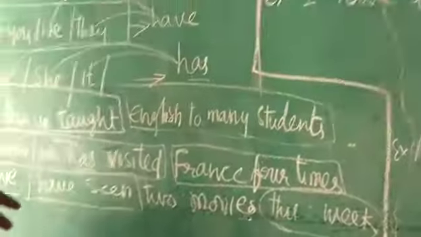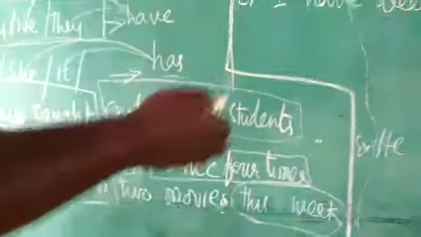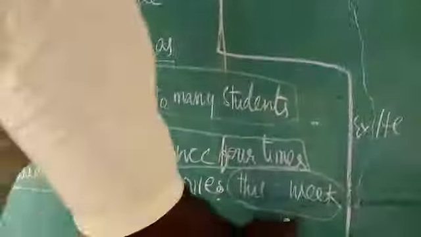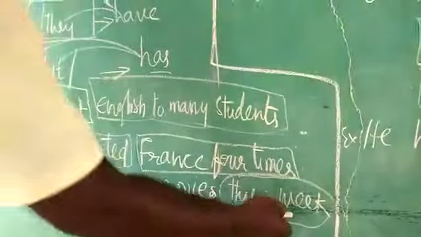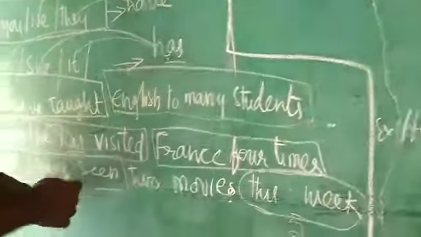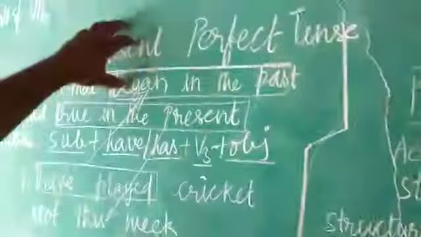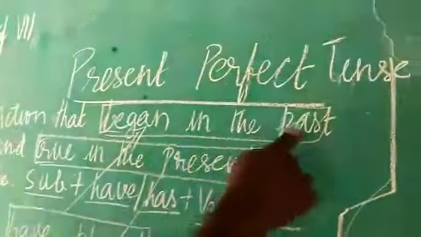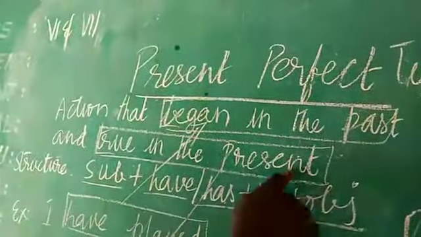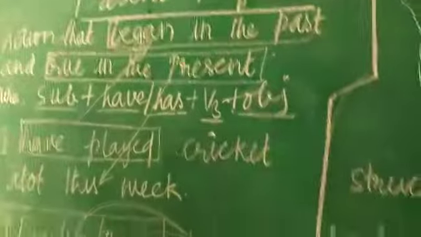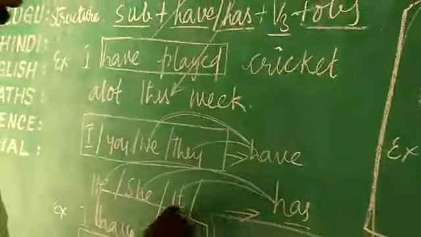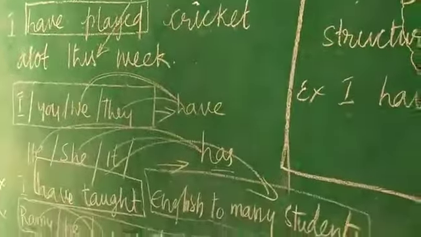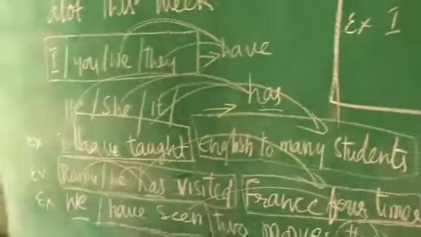Today is Tuesday, Wednesday, Thursday, Friday, Saturday, so still five days are left. So this is talking about the present. The action began in the past and it is true in the present. That's the meaning of the definition, children. The action began in the past and it should be true in the present. That's what I showed you in the examples.